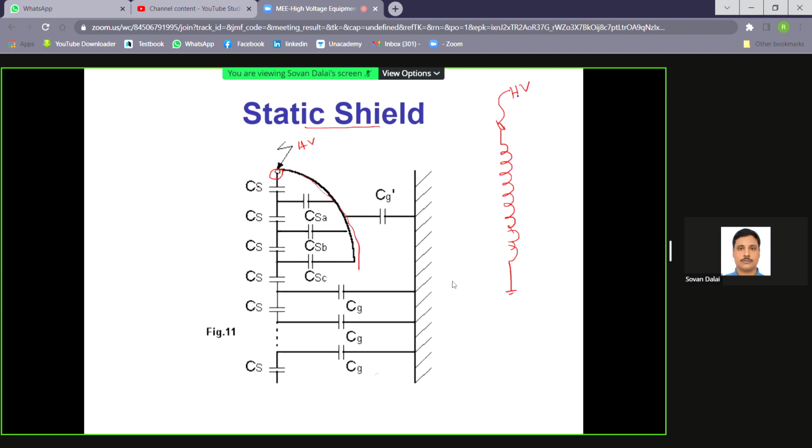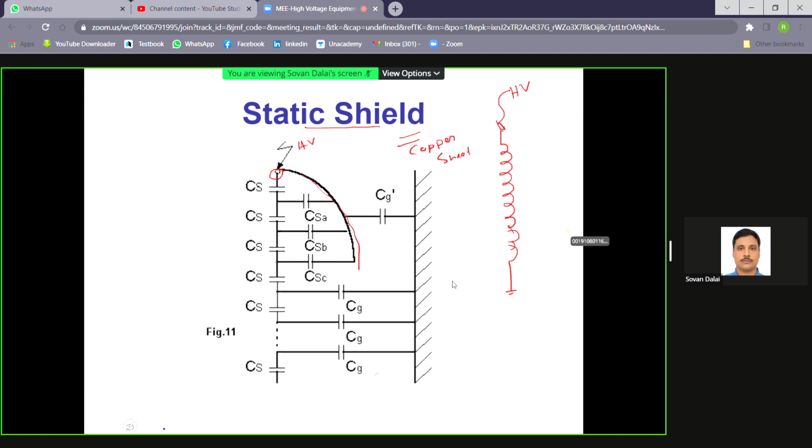Okay. Suppose high voltage is connected here, and ground is connected here. And what is the static shield? Static shield is a copper sheet or copper wire.